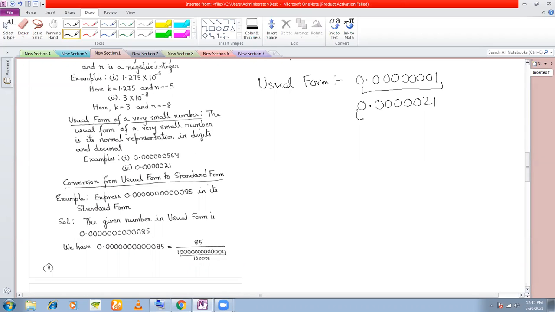But again, just as in the case of large numbers, writing numbers in this way will have problems if you want to add such numbers, or subtract, or multiply such numbers. That is why we convert such numbers into standard form and then we add, subtract, divide, or multiply. Let's see how to convert usual form to standard form.